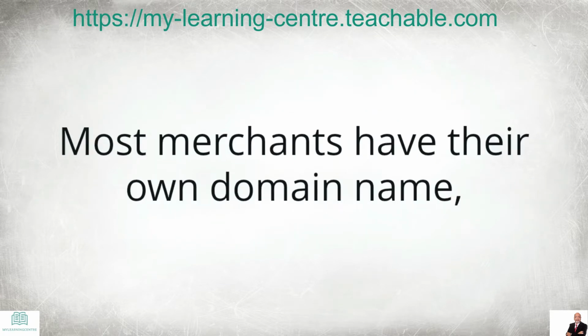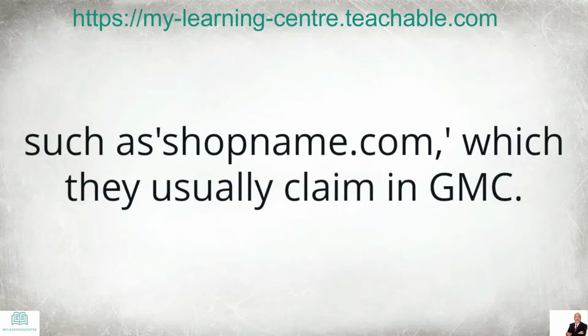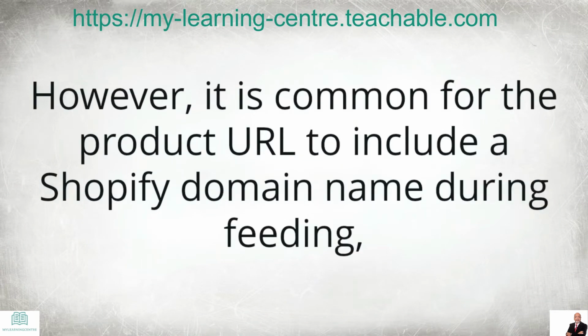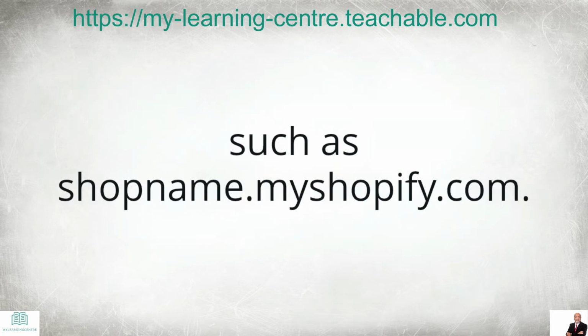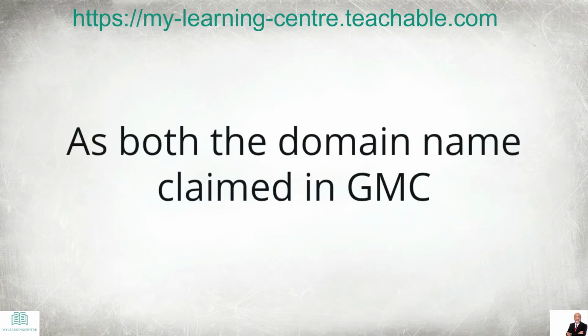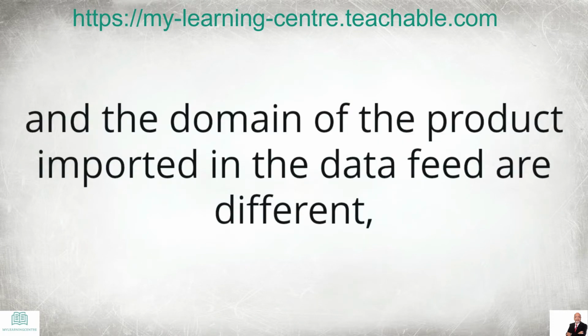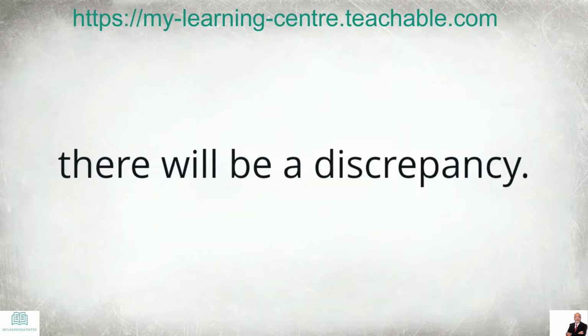Most merchants have their own domain name, such as shopname.com, which they usually claim in GMC. However, it is common for the product URL to include a Shopify domain name during feeding, such as shopname.myshopify.com, as both the domain name claimed in GMC and the domain of the product imported in the data feed are different. There will be a discrepancy.